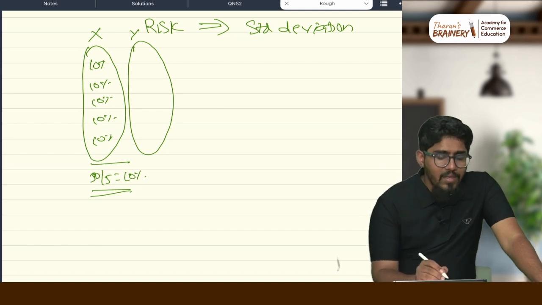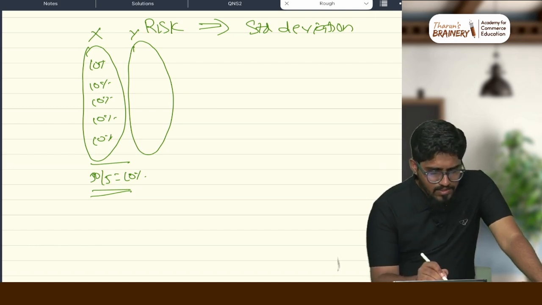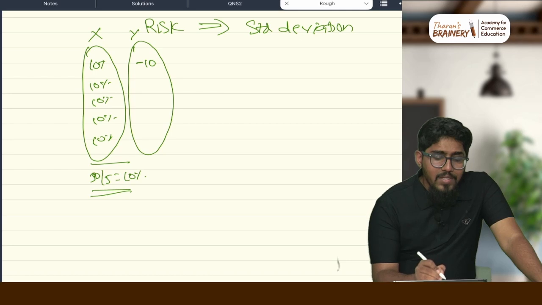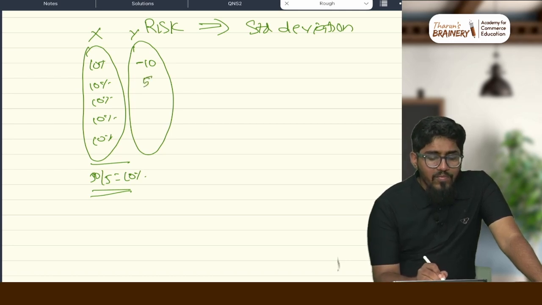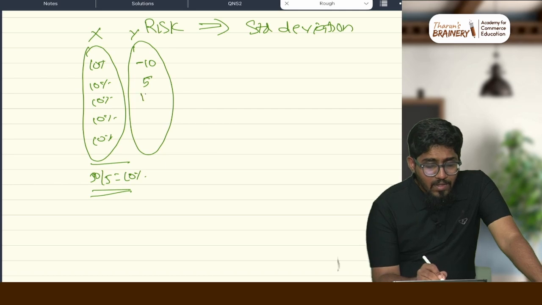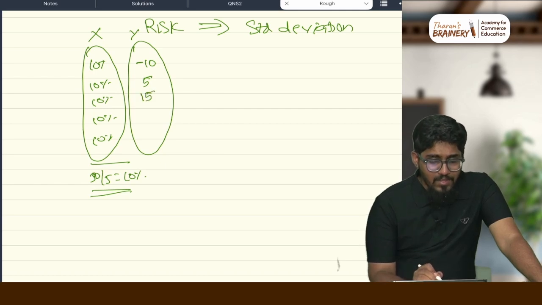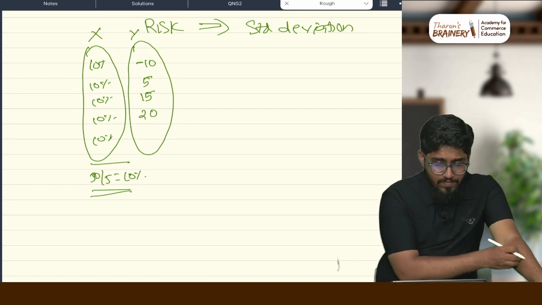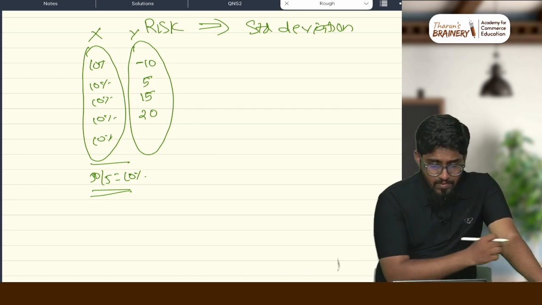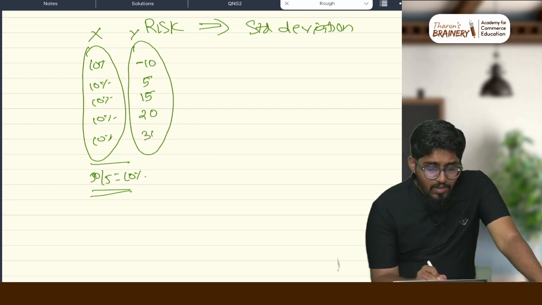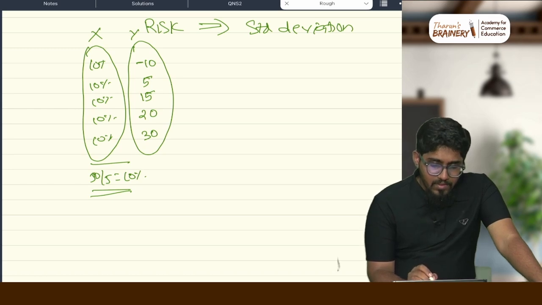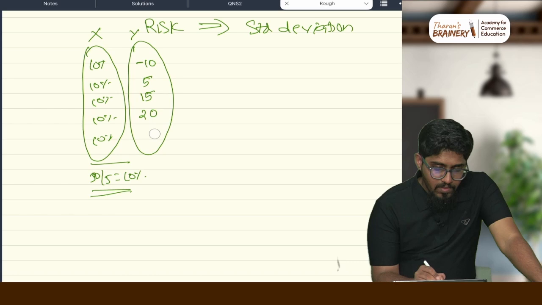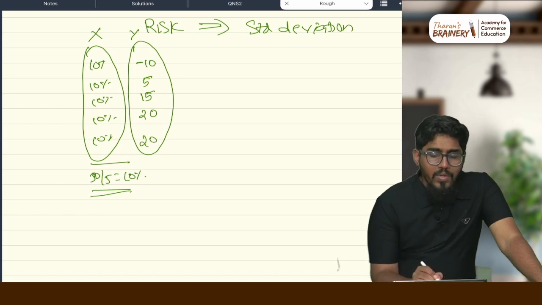Suppose security Y is, let us say, minus 10%, then it gave me 5%, then 15%, then 20%, and then 20%.